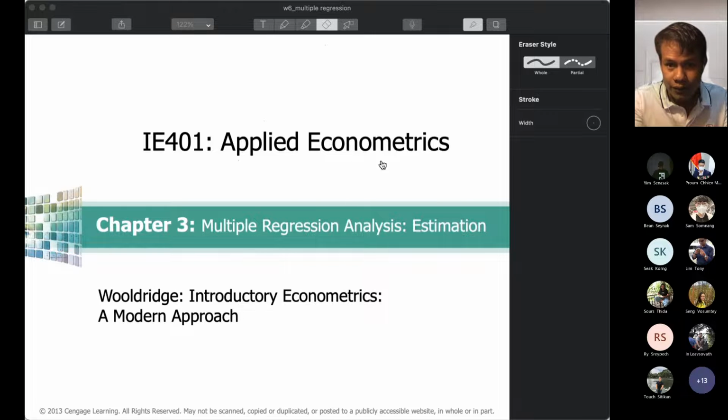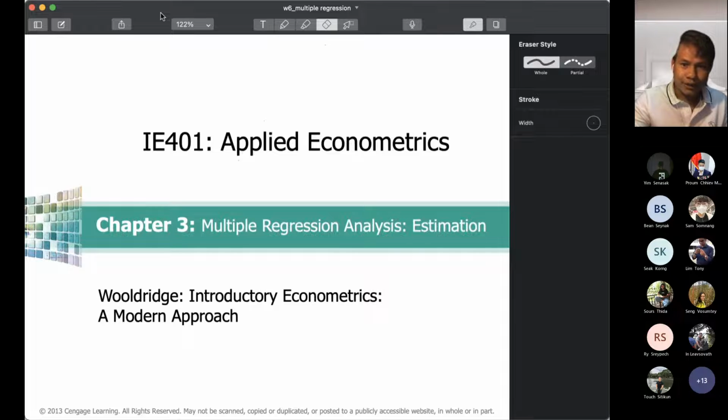It is in general, in lecture notes, week 6. So this is the week 6 lecture note. Class, now you can find the week 6 lecture note in the folder of lecture notes in the general channel.